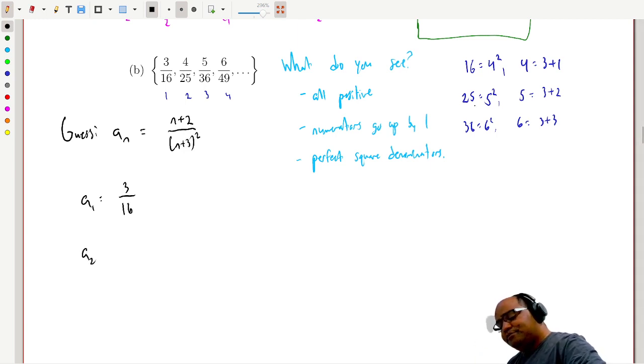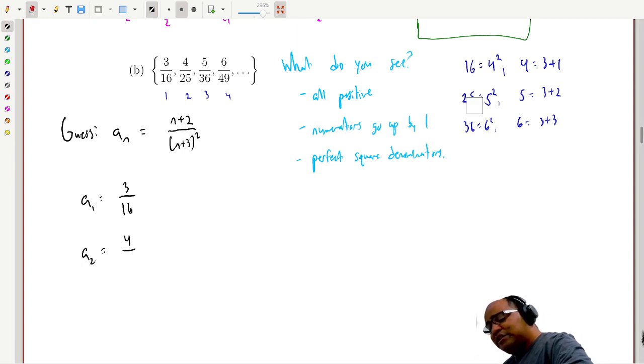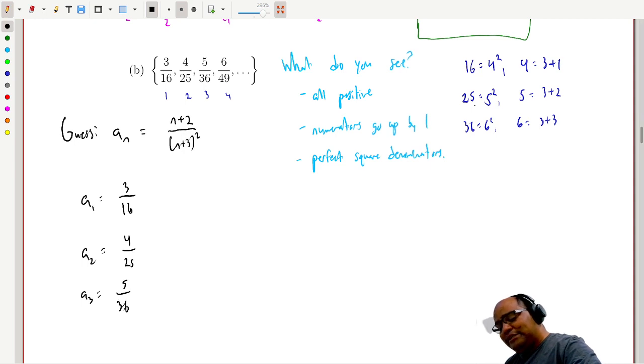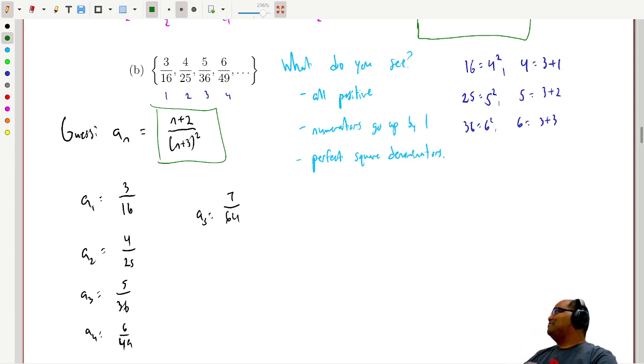Okay, that's a check. a_2: we get 4 over, that's right, 2 plus 2, 4 in the numerator, and then the denominator, 2 plus 3 is 5 squared, 25. a_3, 5 over 36, a_4, 6 over 49, and can you guess what the fifth term is? 7 over 64. Okay, so this is our rule.